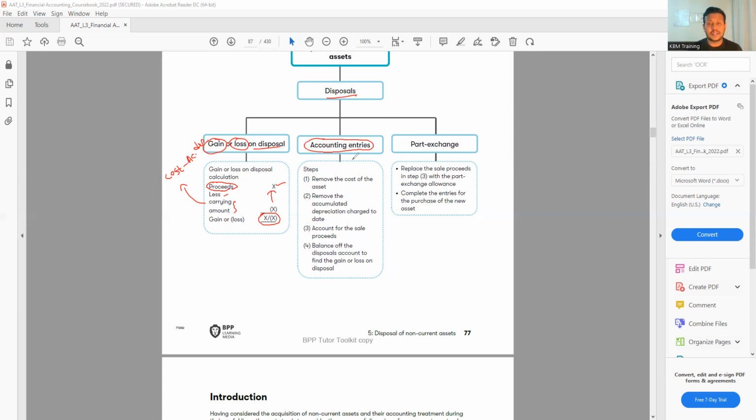So this asset has to go from my financial statements. That means I have to remove it from my accounts, from my records. How do you do that? Normally, the first step is to remove the cost of the asset.